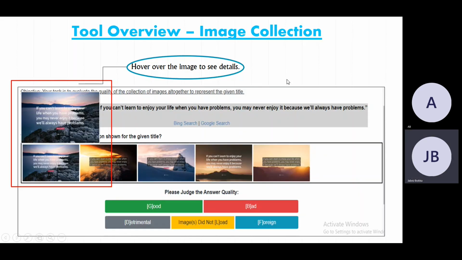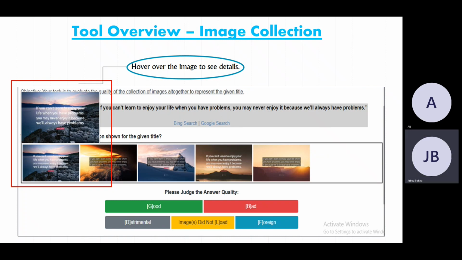Now, there is one option which is very interesting. Whenever you get a query, you will get images which seem to be very small. But when you hover your mouse on any particular image which you want to look at, that image will expand and zoom, which will be very clear to view.